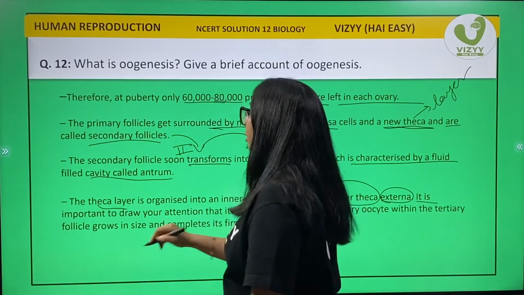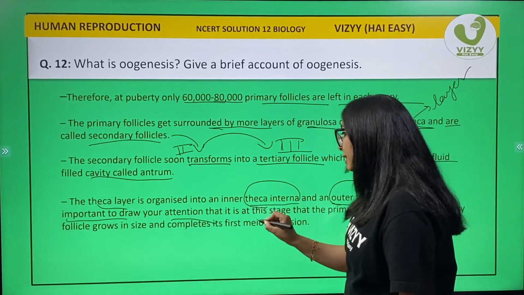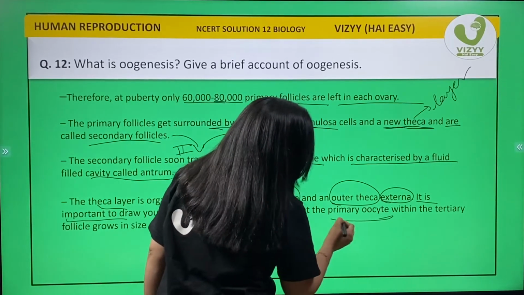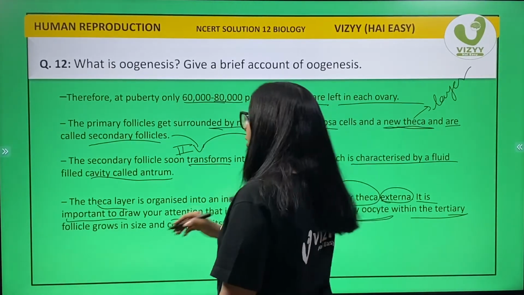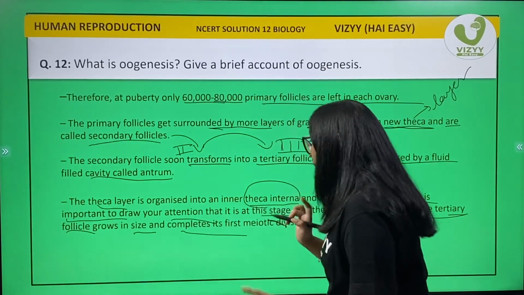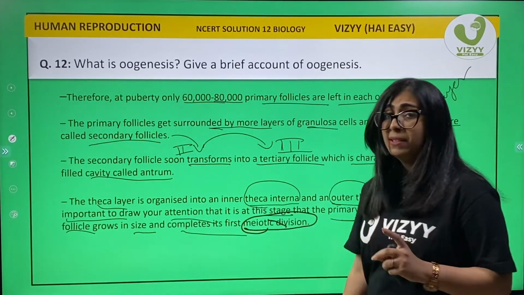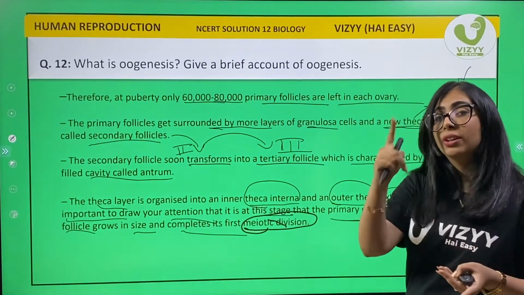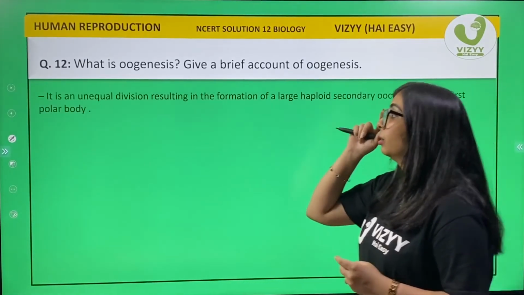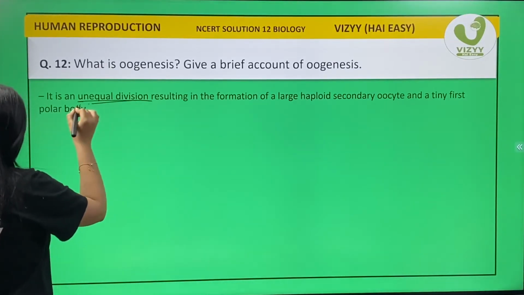It is important to draw your attention that at this stage, the primary oocyte within the tertiary follicle grows in size and completes its first meiotic division. Now, it is an unequal division.